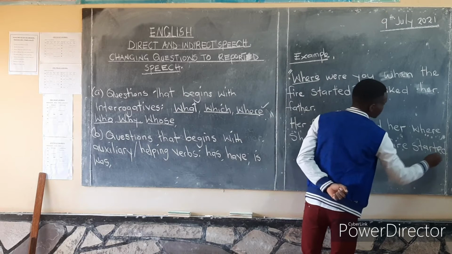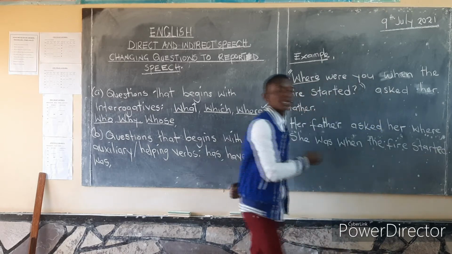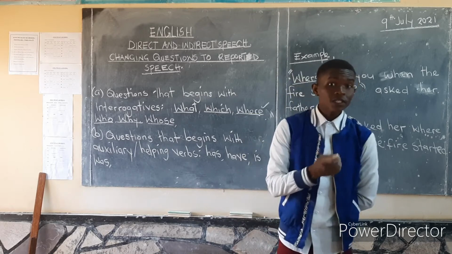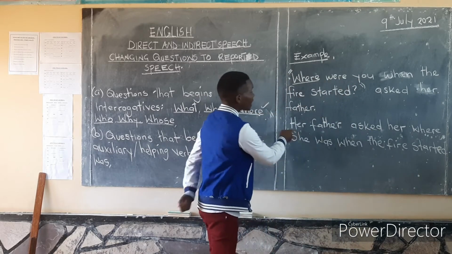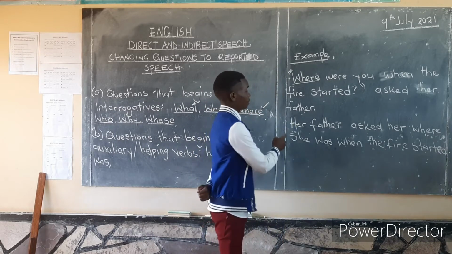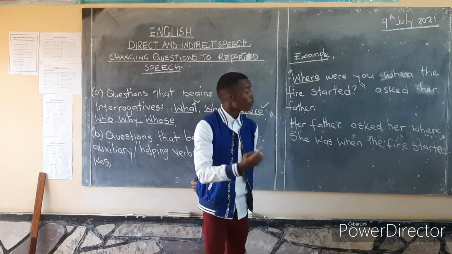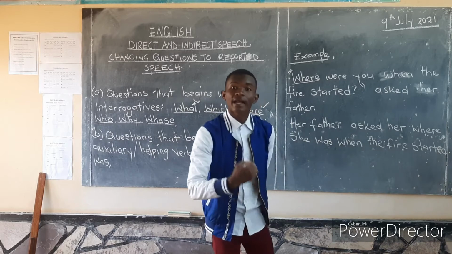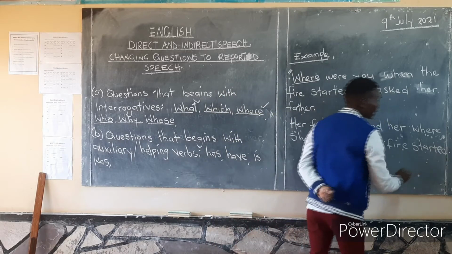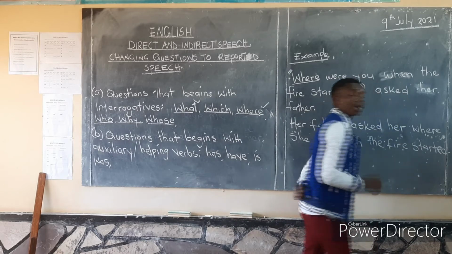Where were will change to where she was. And I'll put a full stop instead of a question mark. This is because this is now an indirect question, or reported speech. Therefore, it does not require an answer and it will not carry the question mark. It will carry a full stop.